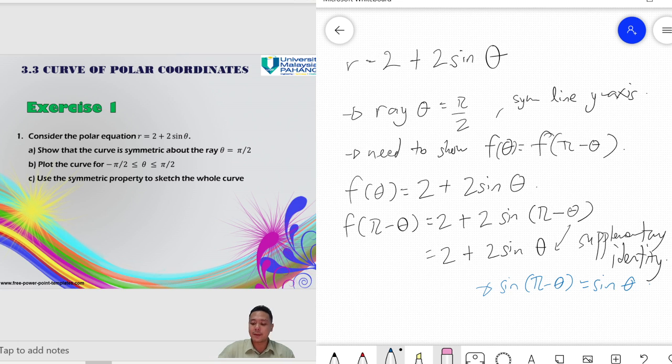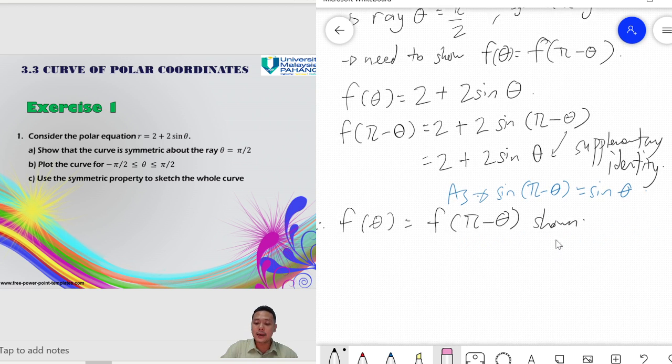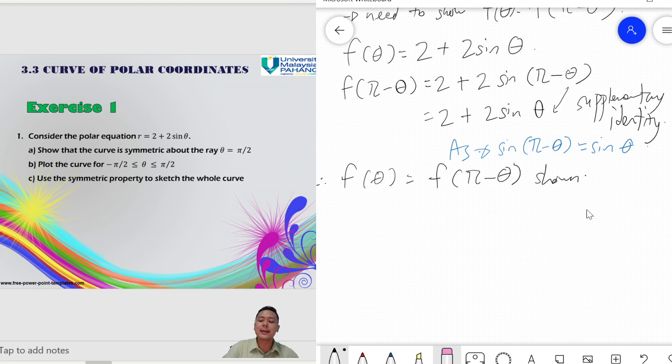This is much more simple. Therefore, it is concluded that f of theta is equal to f of pi minus theta. So it is shown there. It's important for you to know the trigonometric identities. You already learned them during basic mathematics and calculus, I suppose.